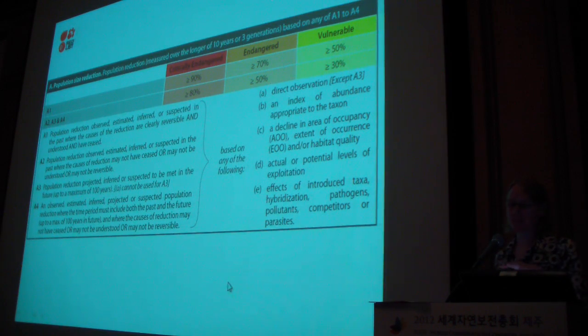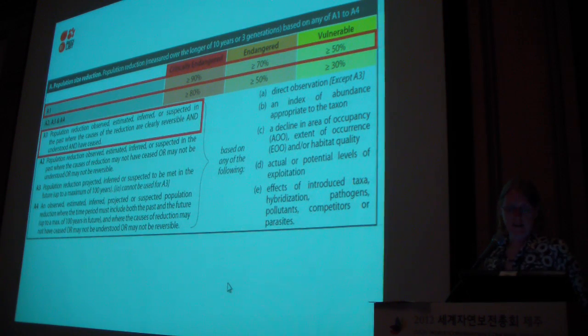The summary sheet actually goes into a bit more detail here. The actual definition is included here. So on the summary sheet, at the top part of that, you have the criterion A1 thresholds along the top. These are a bit higher than the thresholds for A2, A3 and A4.